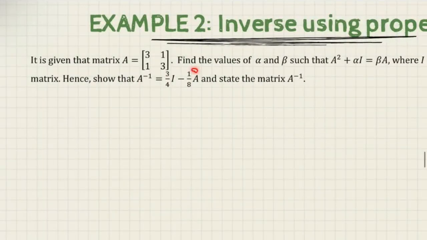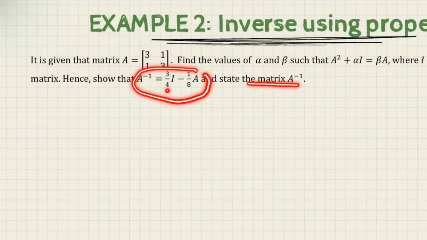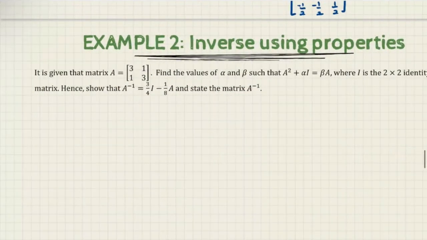So show that A inverse equals to 3/4I minus 1/8A and state the matrix A inverse. Okay, so first of all, soalan pertama dekat sini adalah find the value of alpha and beta apabila A squared plus alpha I equals to beta A menggunakan this matrix.